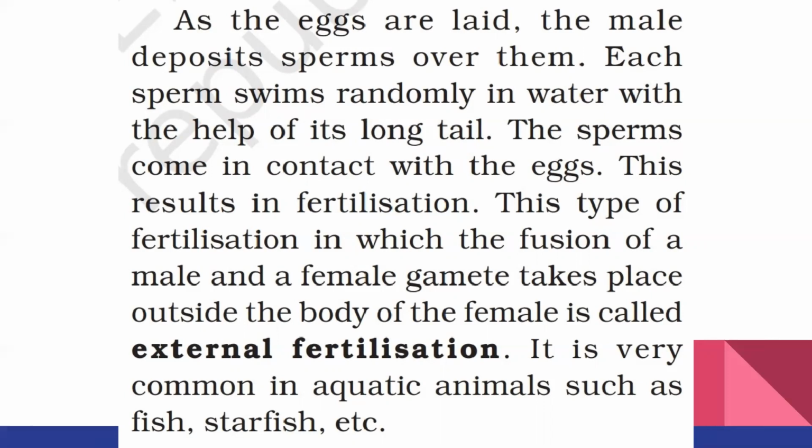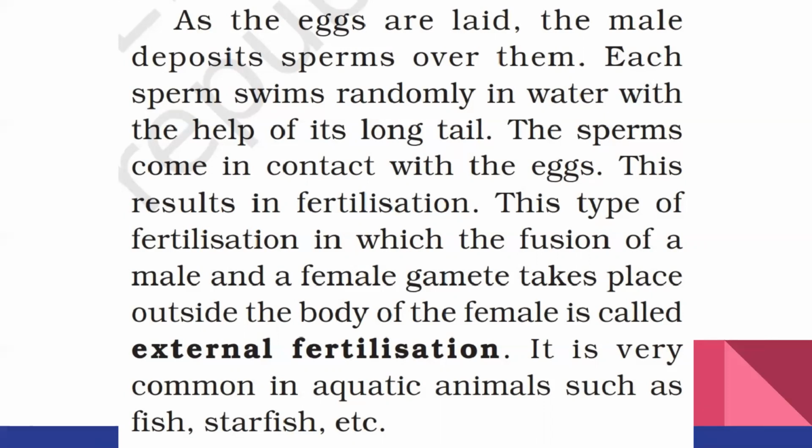This type of fertilization, in which the fusion of male and female gametes takes place outside the body of the female, is called external fertilization. It usually happens in water, in aquatic animals.